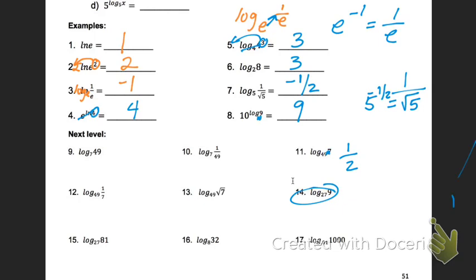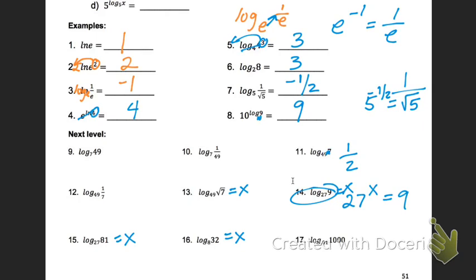If I were to put this back into exponential form, you would have 27 to some power, let's call it x, and you can put equals x on the end of all of these if it helps you. So 27 to some power equals 9.